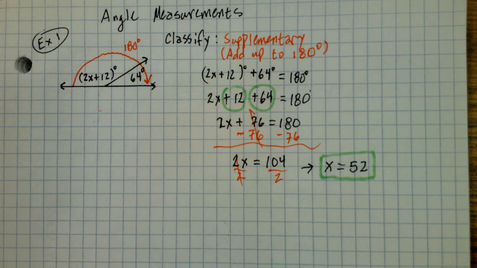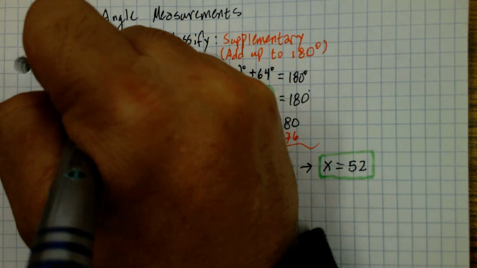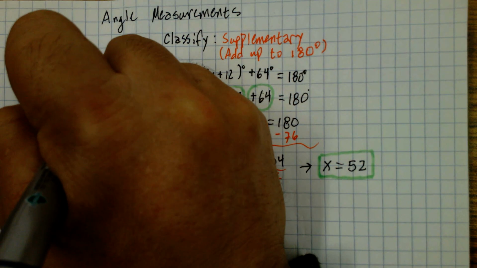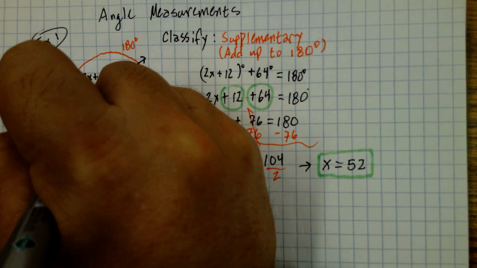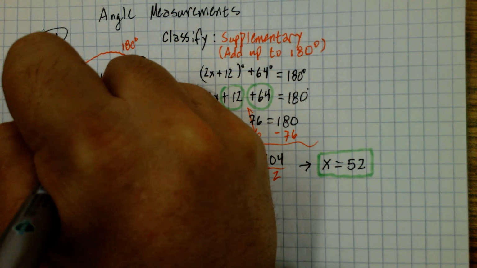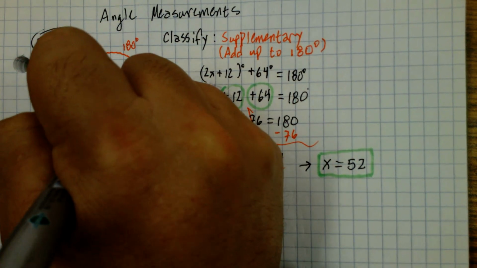I hear someone suggesting maybe plugging in 52 instead of x and working it out. We could do that. And often that's the only way we're going to be able to do this. So let's try it. So instead of 2 times x, this is 2 times 52, and then plus 12.